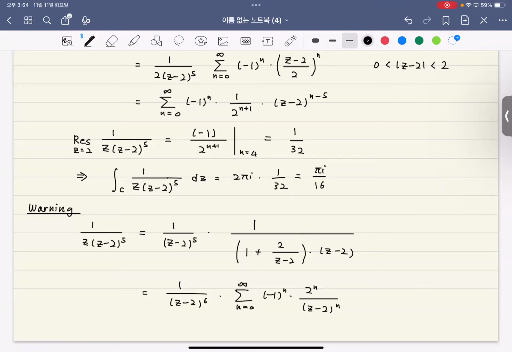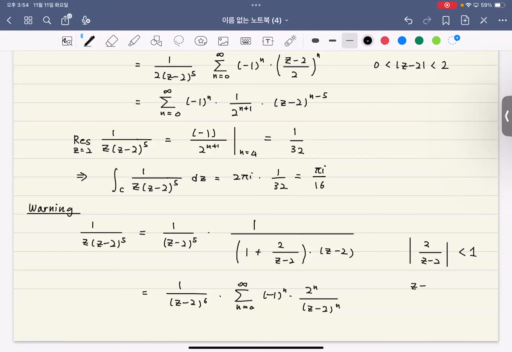The inner radius of this expansion equals 2. When you get this out of here, you always need to make sure that this is less than 1.